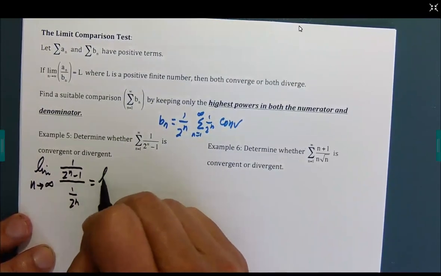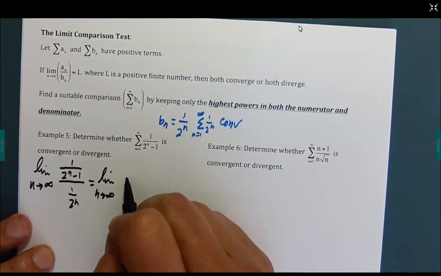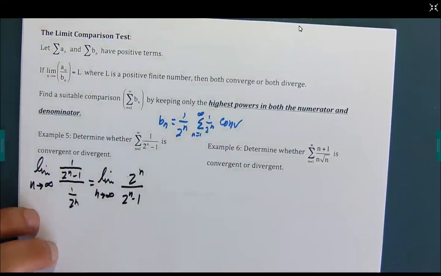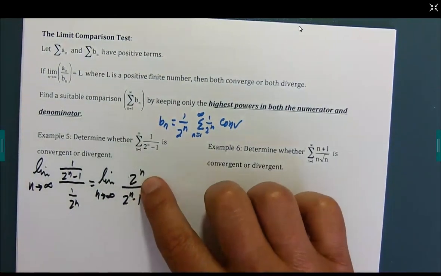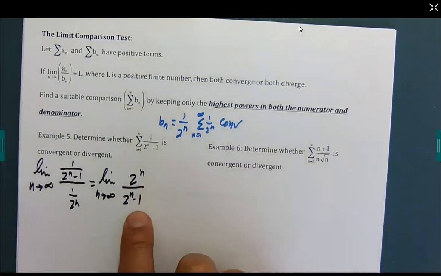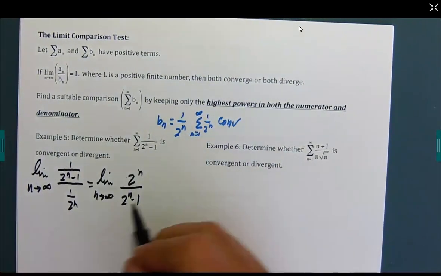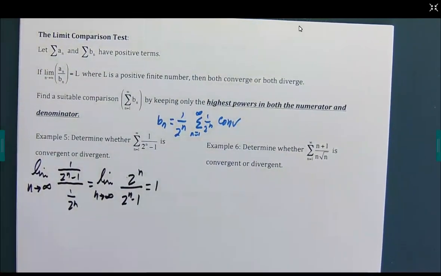Let's fix that. This is going to be 2 to the n over 2 to the n minus 1. And can you see that as n gets really, really large, that minus 1 becomes super irrelevant? Meaning this limit and all the limits like this, when they're alike like that, are all going to go to 1 if we design them the same way.